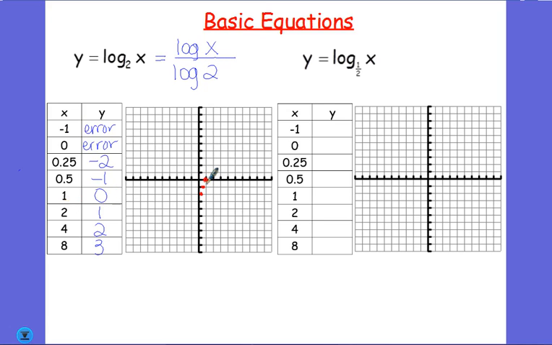Then we're going to go right 2 and up 1. Right 4, up 2. Right 8, up 3. 1, 2, 3, 4, 5, 6, 7, 8, up 3.